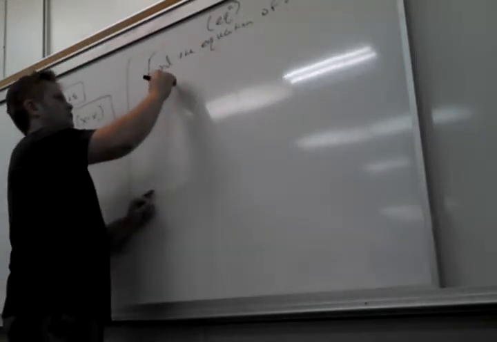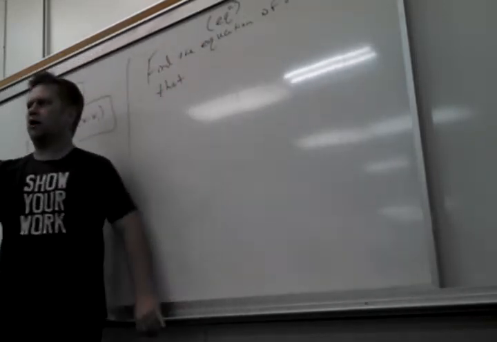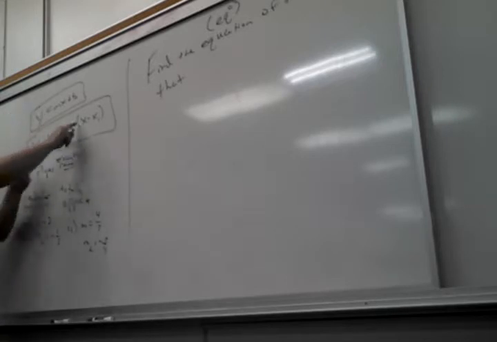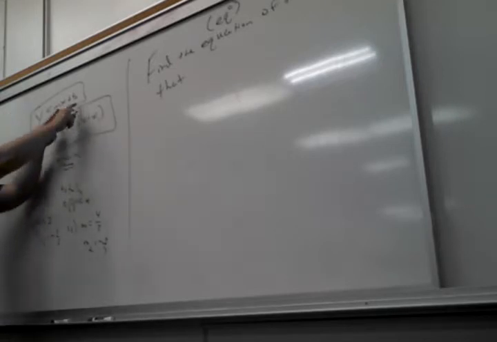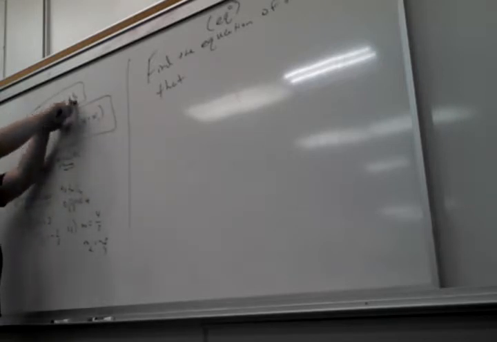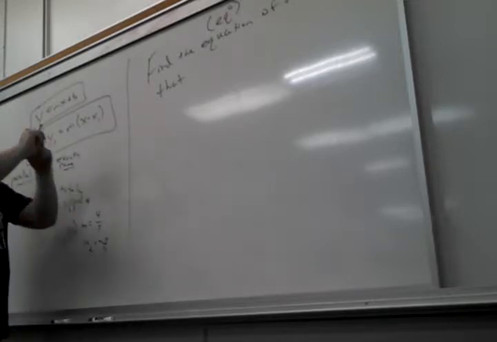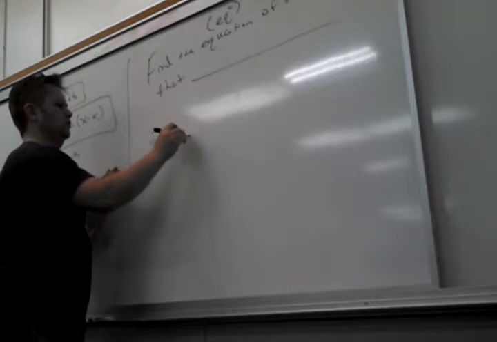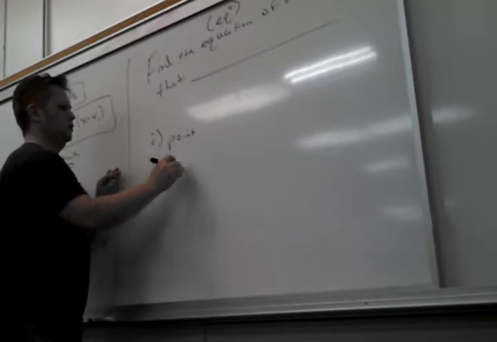that does something. Well, for the equation of a line, what two things do I need? Slope. Good. I need a slope and a point, and if the point happens to be the y-intercept, kick ass. Right? Find the equation of the line that does something. I need a point, and I need the slope.